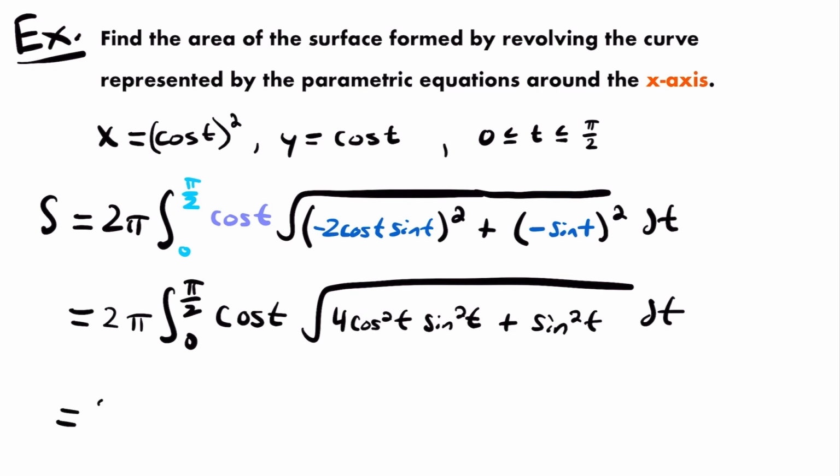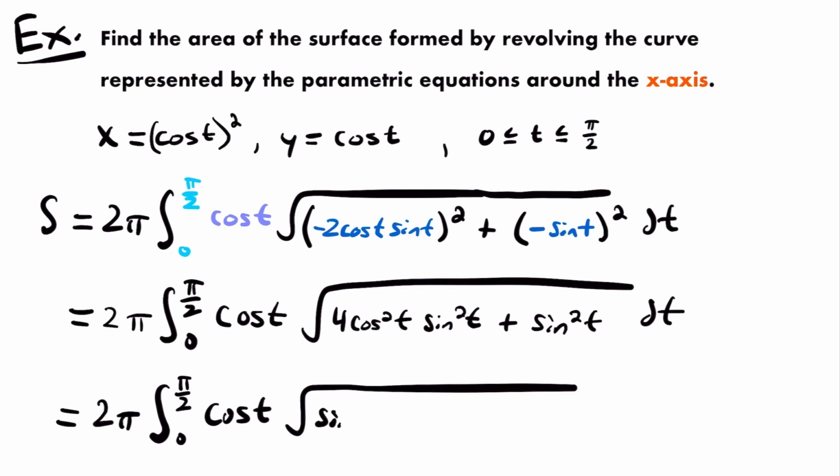So this will be equal to 2 pi times the integral from 0 to pi divided by 2 of cosine t times the square root of sine squared t times 4 times cosine squared t plus 1, and then dt, right? So we pulled sine squared t out of both of these terms. So if we pull it out of this first term, all we're left with is 4 cosine squared t right here. And then if we pull it out of this term, well, sine squared t is the only thing in this term, so we're left over with 1.